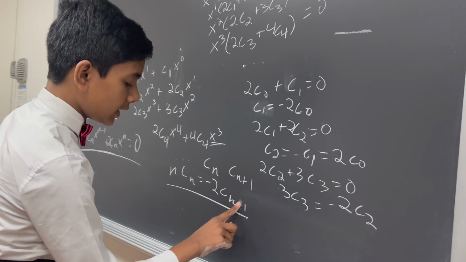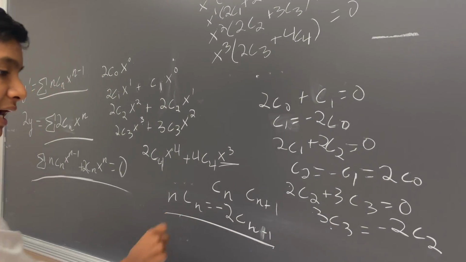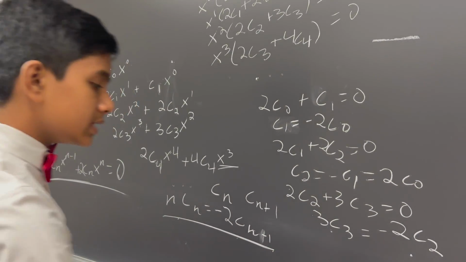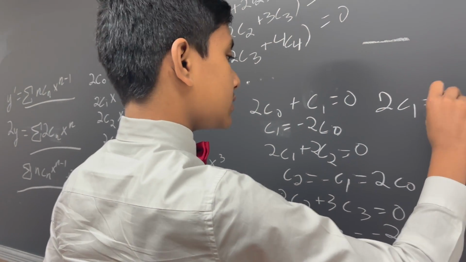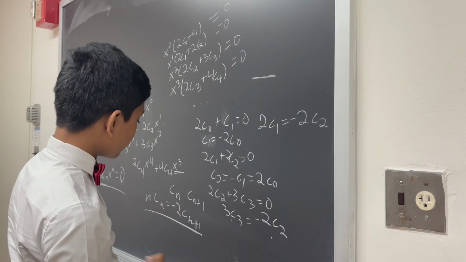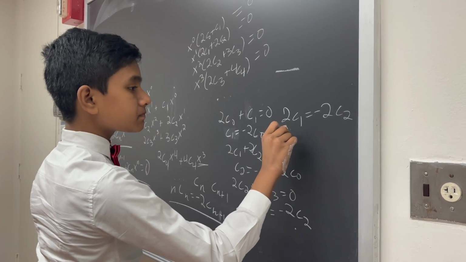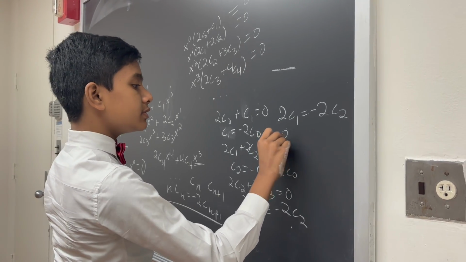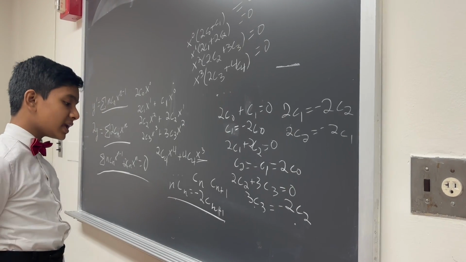Never mind, it's 2Cn minus 1. So for example, we have 3C3 matches up, minus 2C2 matches up. 2C1 equals minus 2C2, or if we wanted to rewrite that, 2C2 is minus 2C1. Yeah, this equation works out.